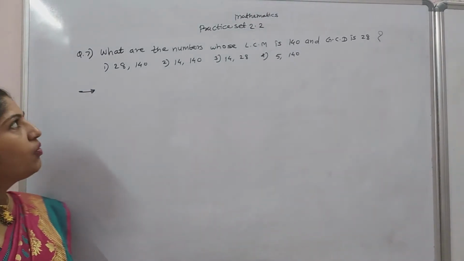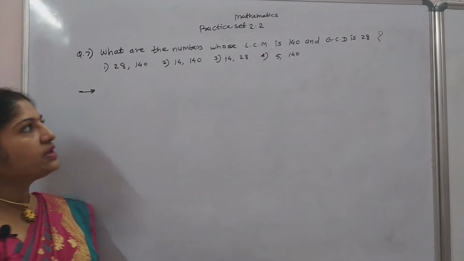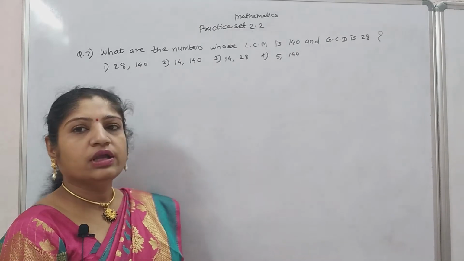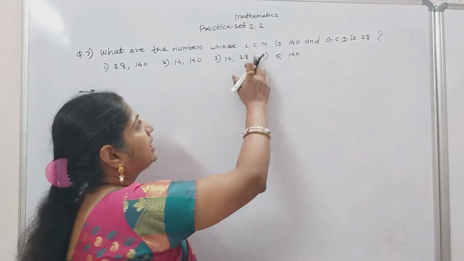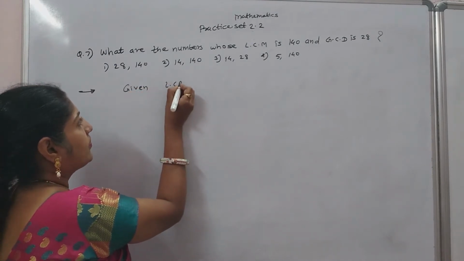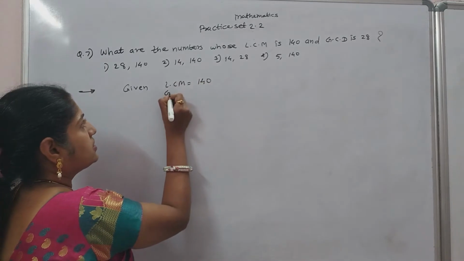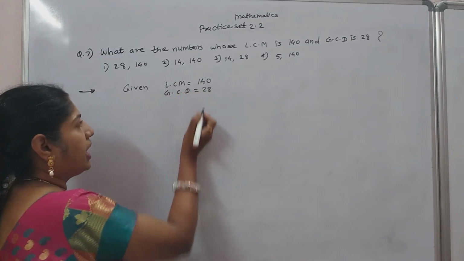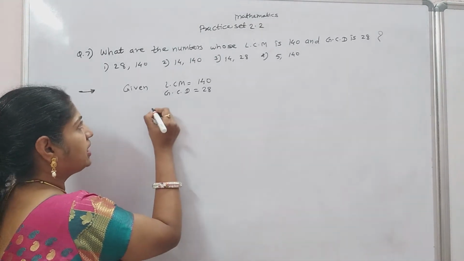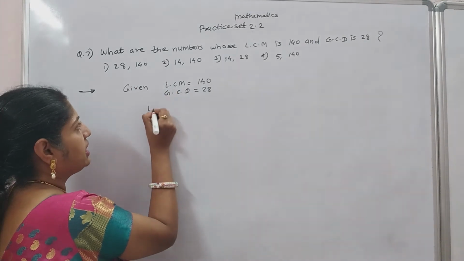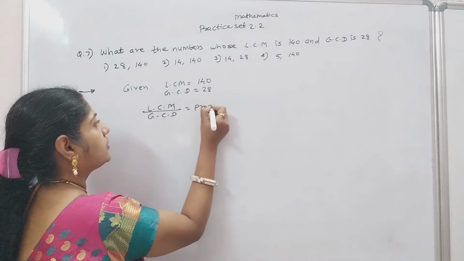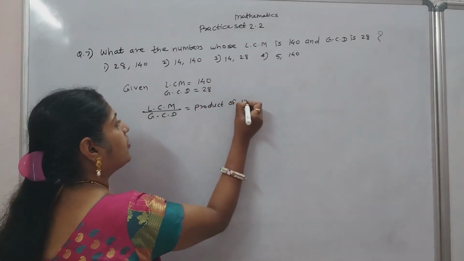Next question is, what are the numbers whose LCM is 140 and GCD is 28? Here we are given the LCM and GCD. Given is LCM 140, GCD 28, and we don't know the numbers. So to find the numbers, use the relation between LCM and GCD. LCM upon GCD equals the product of the uncommon factors.